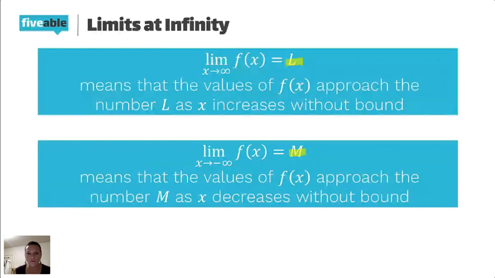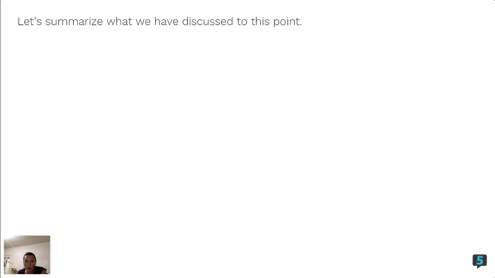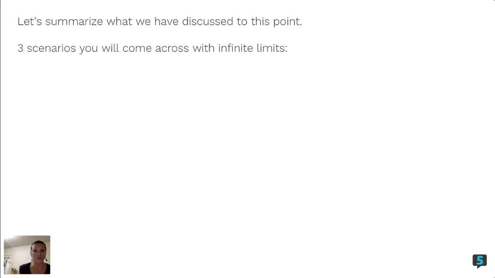Okay. So at this point, let's just kind of summarize where we're at and what we've discussed so far before we go on any further. Okay, we've essentially come across 3 scenarios with infinite limits. The first scenario was when we have a top-heavy function.